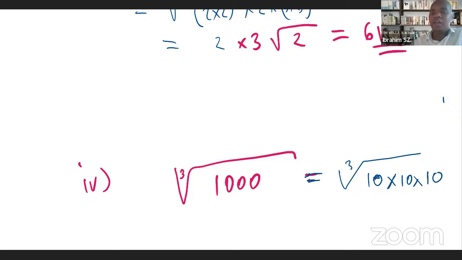So how many tens do we have? Actually, we have 3. So you group them, and the final result is going to be 10.